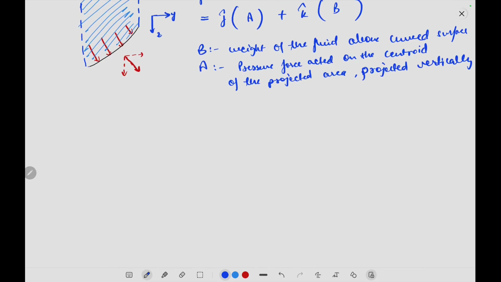So the pressure force acts on the centroid of the flat projected area.